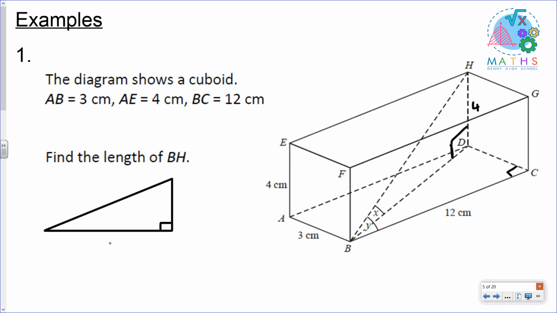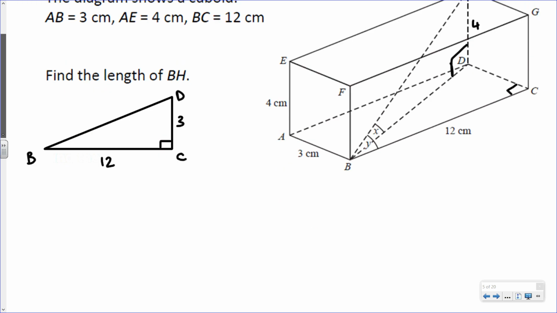So let me just mark in those letters. So B to C, which is 12, and C to D, which is 3. And I need to know B to D to help me to work out the end answer, B to H. So B to D is what's called our face diagonal.